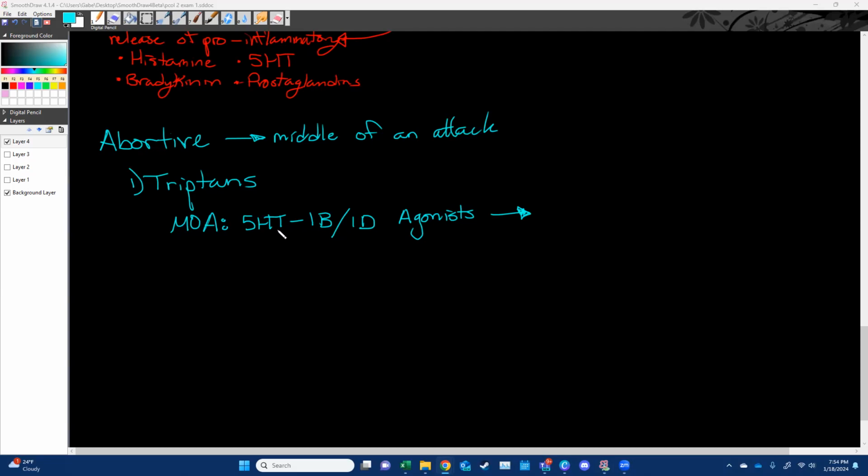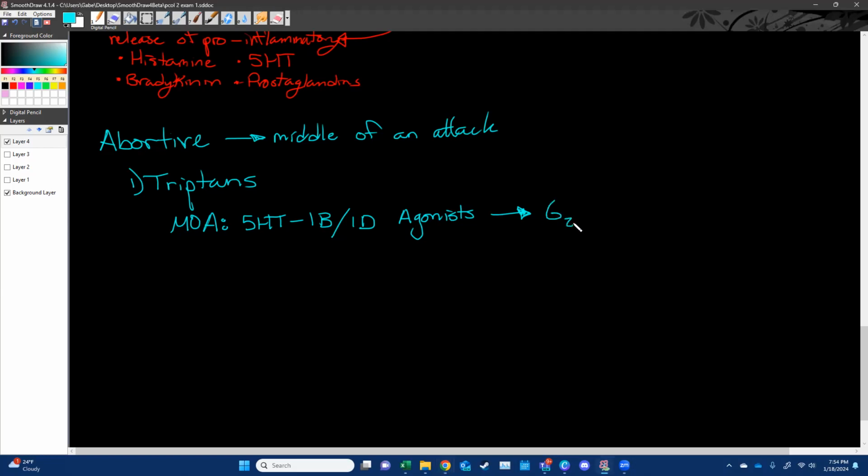The 5-HT1 family of receptors are all Gi. So when we look at what their effect is going to be, they are going to decrease the depolarization of the CGRP neuron.